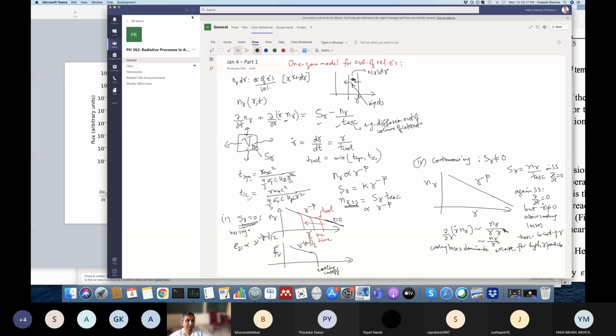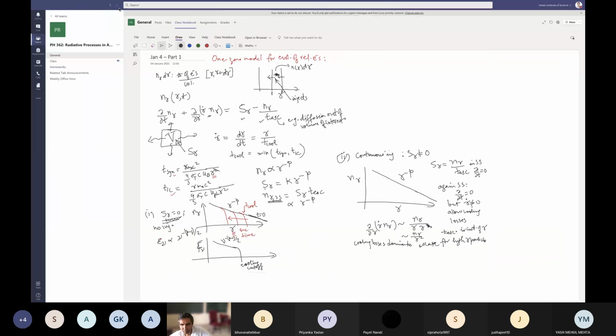So what does that mean? That means the balance in steady state will not be the same. In that case, this term will balance S gamma, rather than the losses due to escape balancing S gamma.